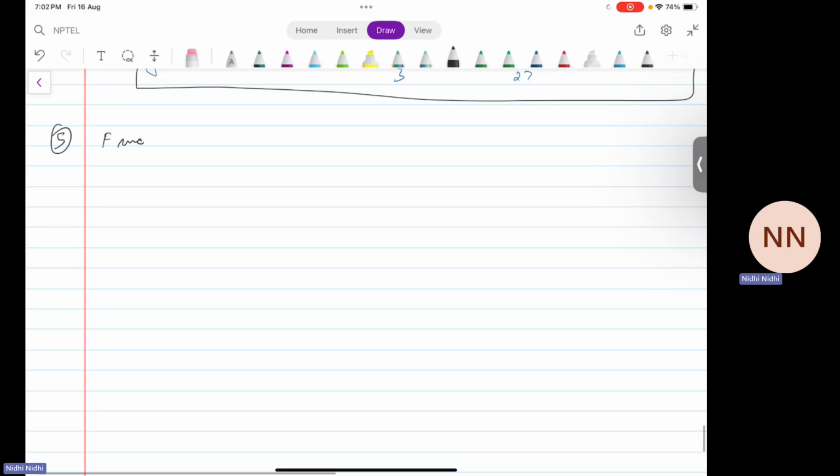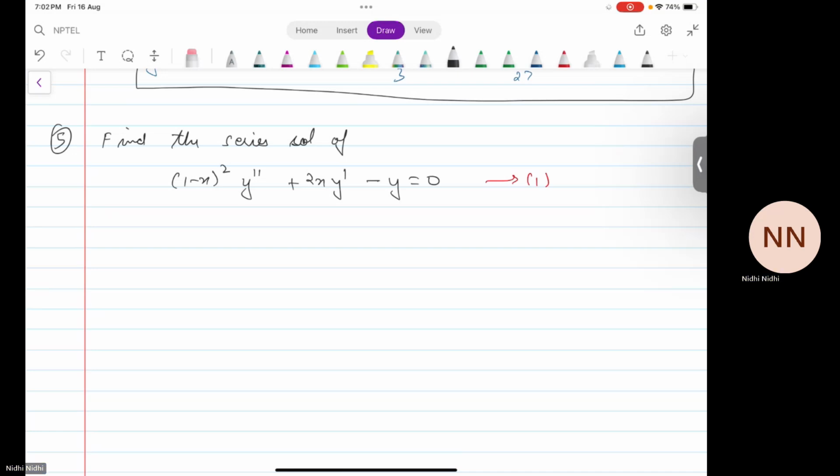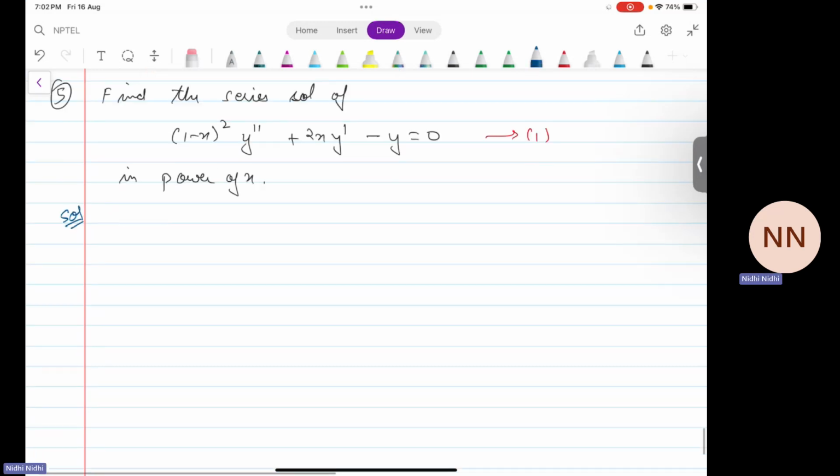So find the series solution of 1 minus x square y double dash plus y dash minus y equals to 0. Let's number it as 1, in power of x. Again, clearly x equals to 0 is an ordinary point.